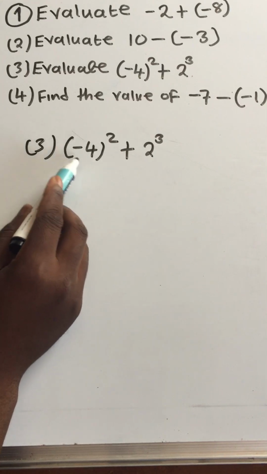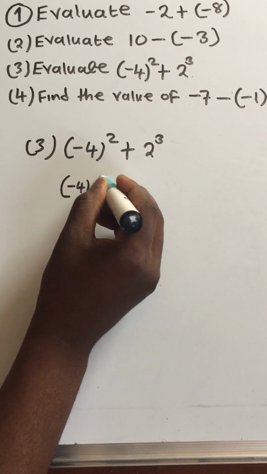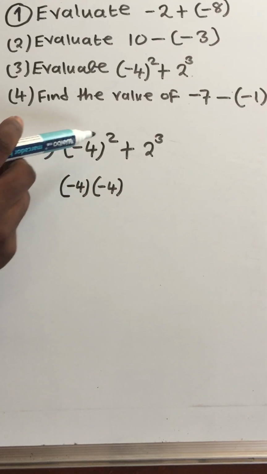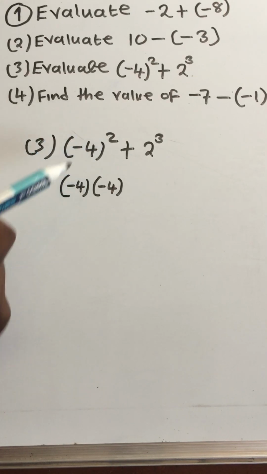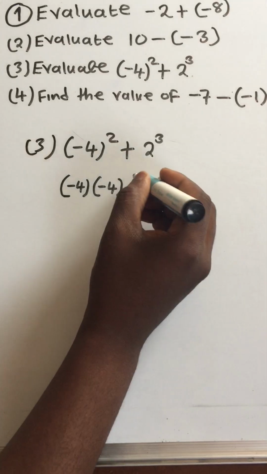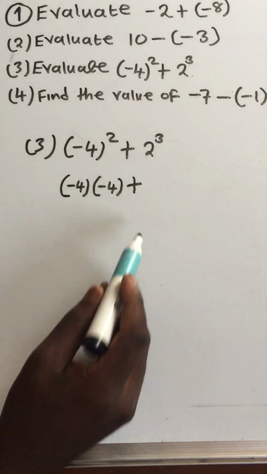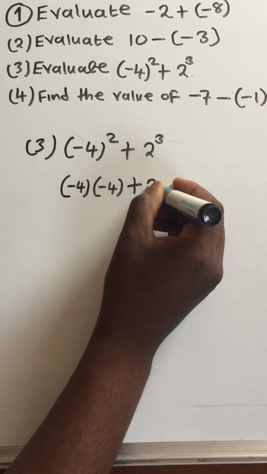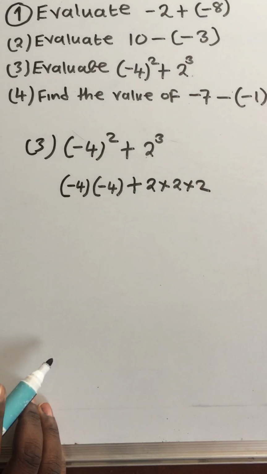So once you see a question like this, you say open -4, another -4. Why am I doing this? Because of the power. It means multiply this -4 how many times? 2, which is what I've done, plus, have you seen 2 to the power 3? It means multiply 2 how many times? 3 times. So which is 2 times 2 times 2, like this.